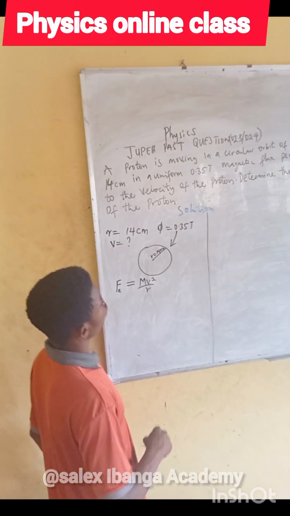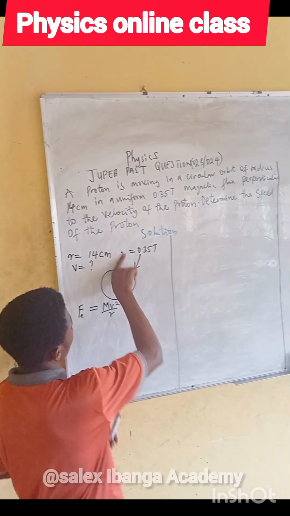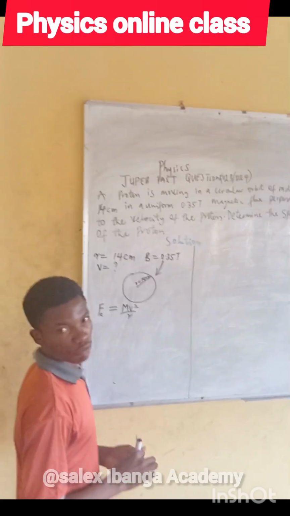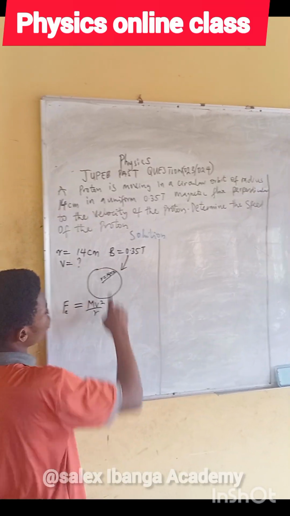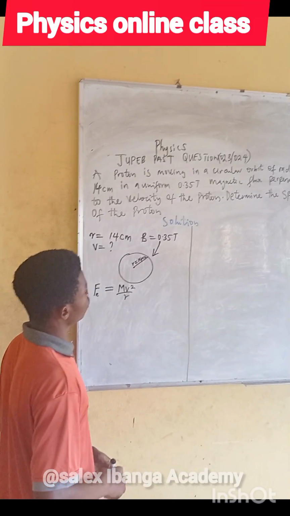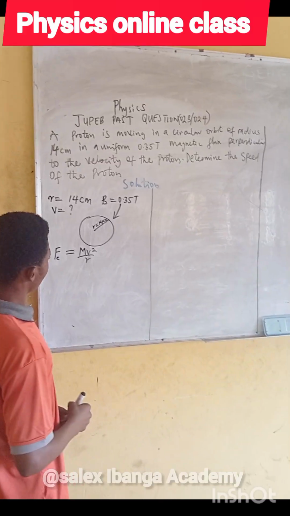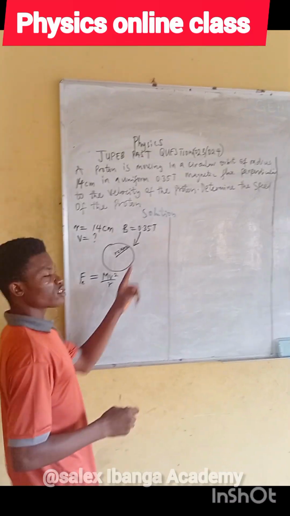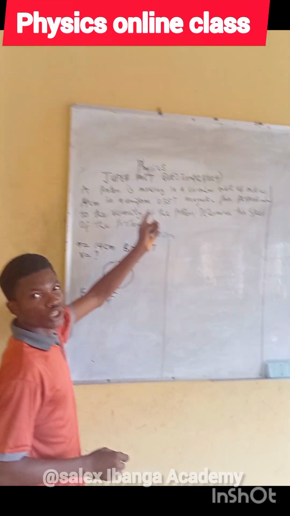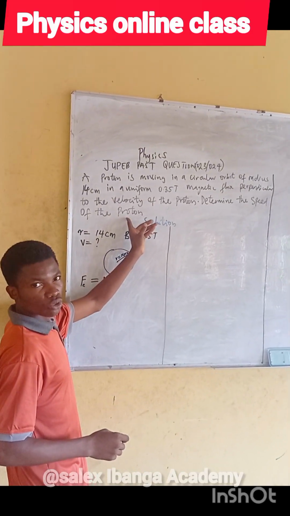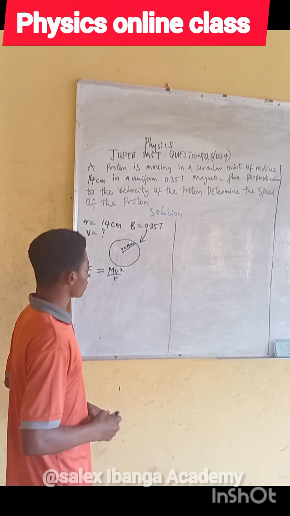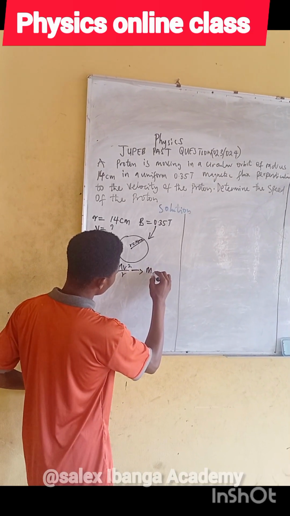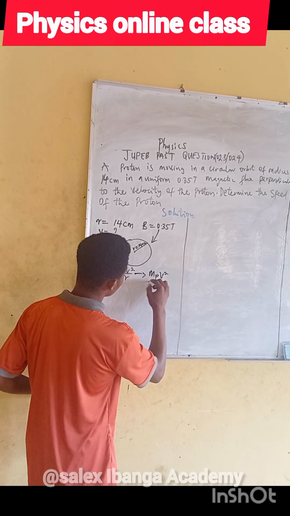Looking at the question, we're given our B, that is, the magnetic flux density, which is 0.35 Tesla. Remember, the mass is not given directly in the question, but since it says proton, you can simply replace it with m proton v squared over r.